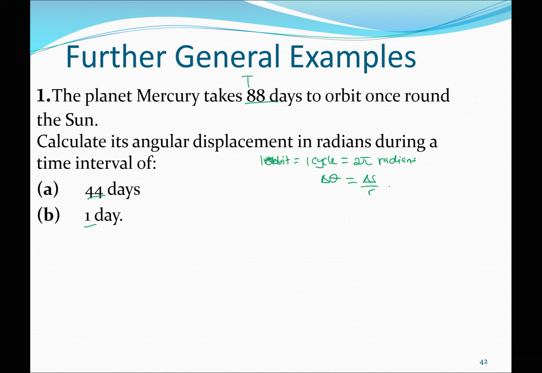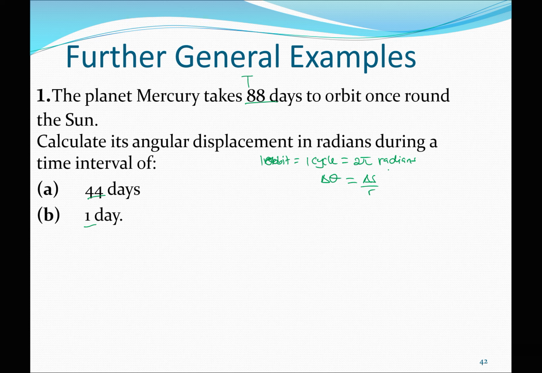And the arc length for one cycle is 2 pi radians. So if arc length is 1 cycle, then that is 2 pi radians. Then calculate its angular displacement in radians during a time interval of 44 days.